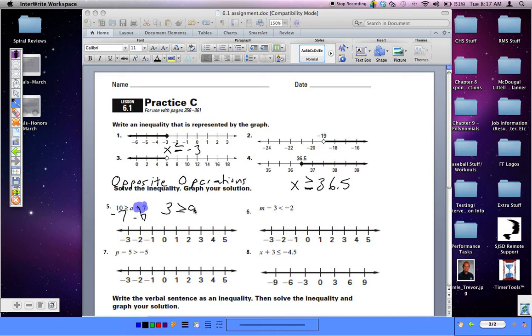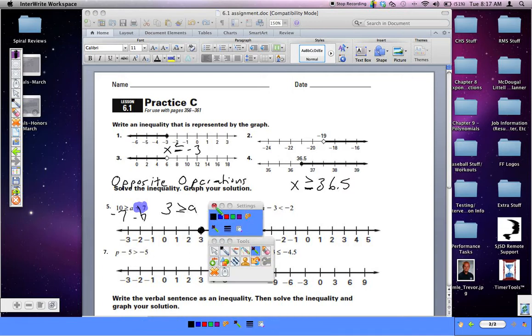Okay, so my variable now is less than or equal to 3. So that's going to put a closed dot on 3. And because we're representing the situation for our variable compared to our number, A is less than 3, then I need to shade to the left because it is less than or lower than.